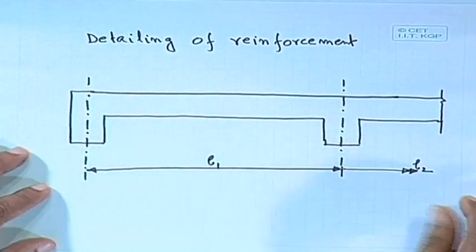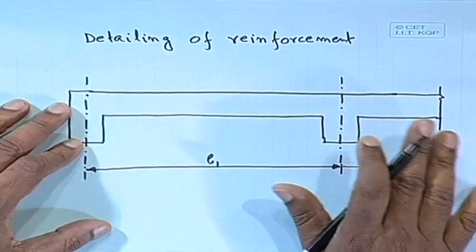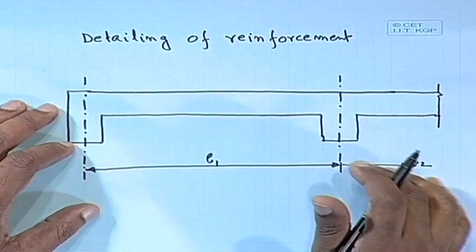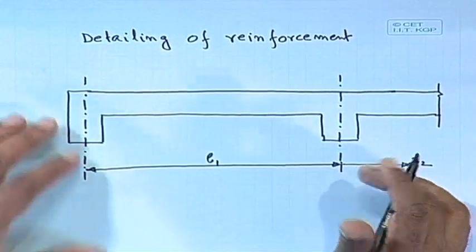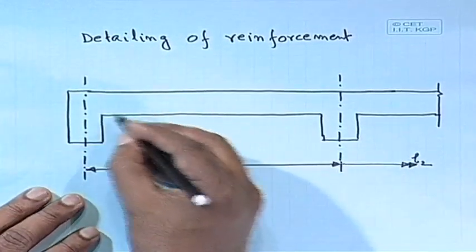So, now if we come back to the specific one, why I am telling this, if we take this section, then where is that curtailment, that we have to mention.